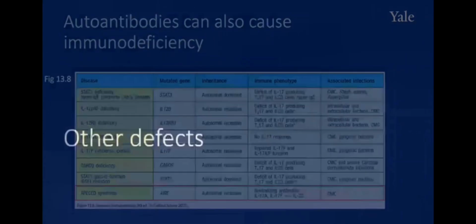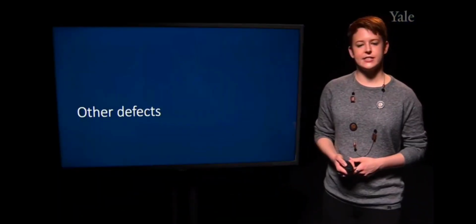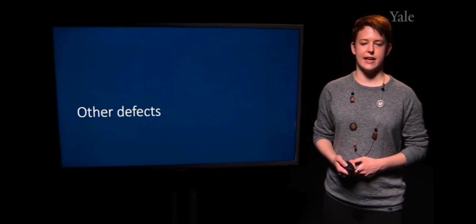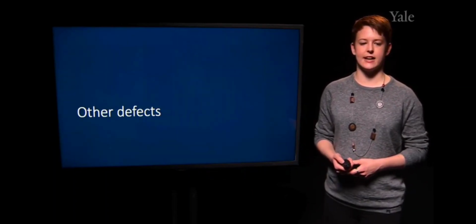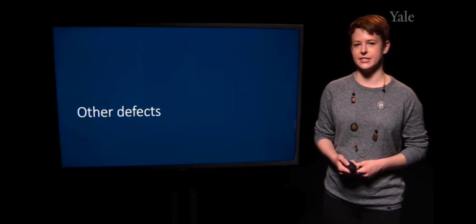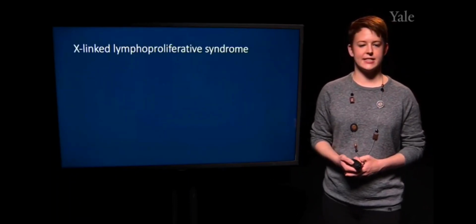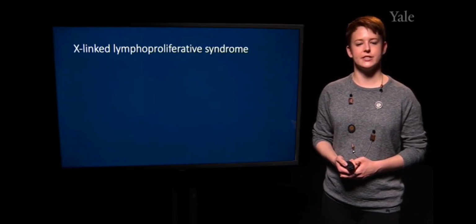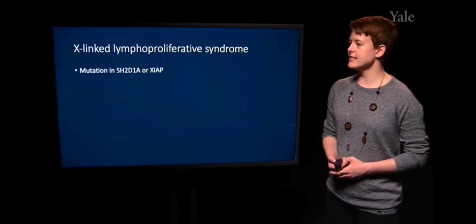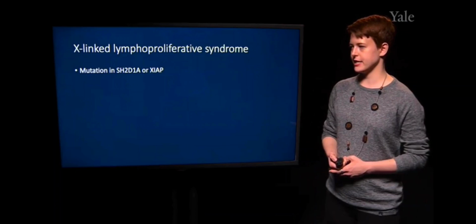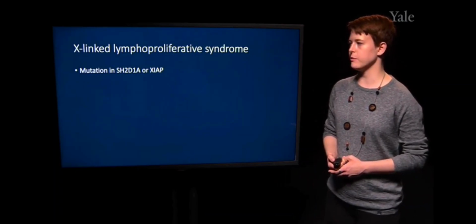So the last group we'll talk about is just a couple miscellaneous other genetic defects that lead to interesting immunodeficiencies. So first we have X-linked lymphoproliferative syndrome, and this is typically caused by a mutation in SH2D1A or XIAP.